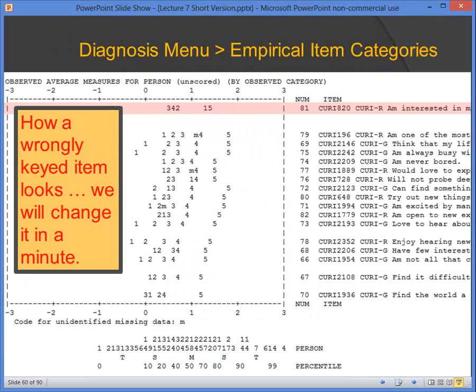item categories table. So go to the diagnosis menu and select empirical item categories, and you're going to pop up this table. Remember, all of the output in WinSteps goes to Notepad. So you'll pop up this table.